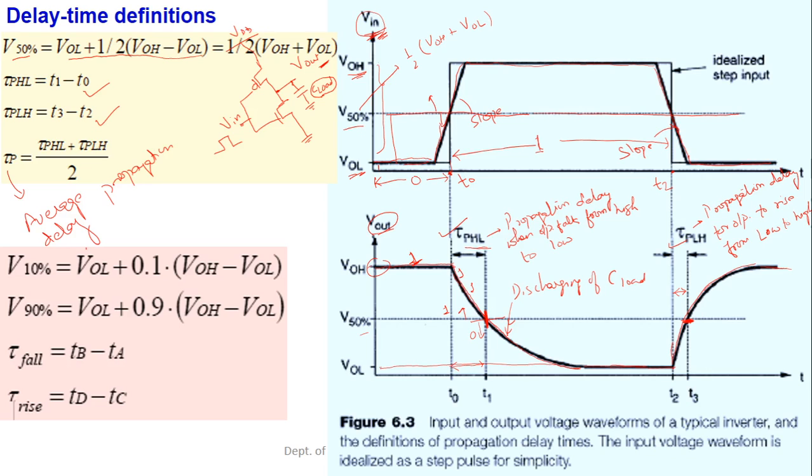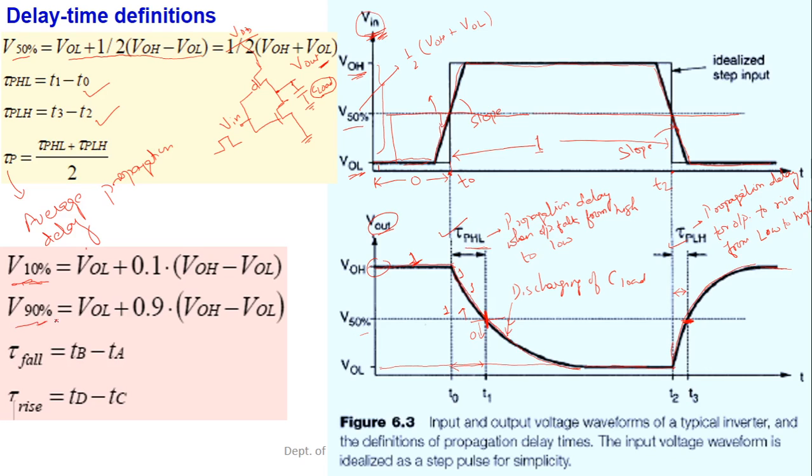And sometimes you will also find these rise and fall time definitions. Somewhere you will see V 10%, in some situations you will see V 20%, but let's take the 10% mark here. So it clearly indicates that this is 10% of the total, and this is 90% of the total.